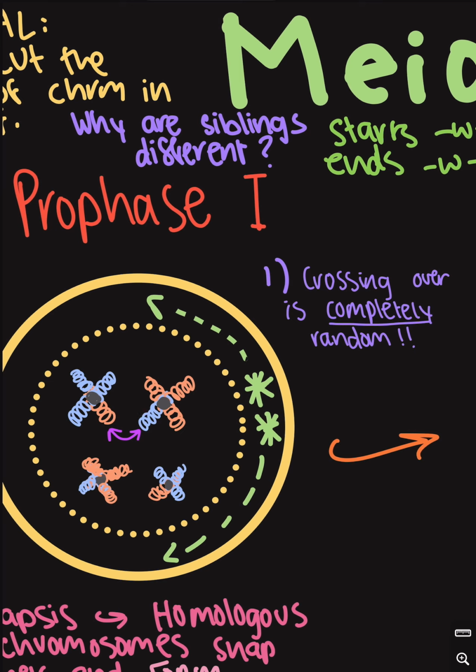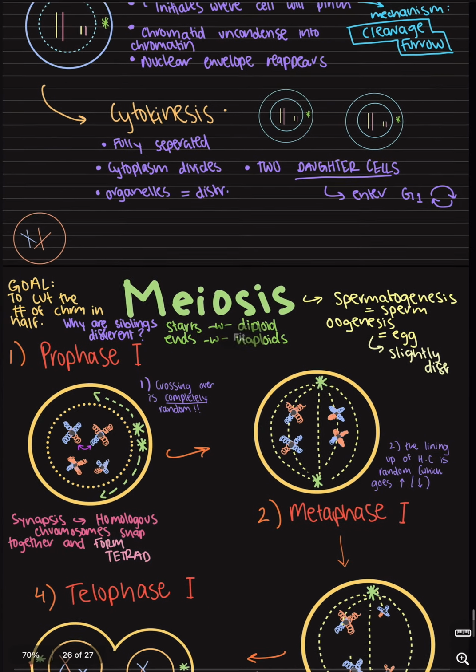And this is actually the first reason why siblings are different, because if you and your sister both come from the same parents, how are you not clones of each other? There are three reasons. The first reason is that the crossing over of traits is completely random. It may not occur in all homologous chromosome sister chromatids, but it does occur in most of them.